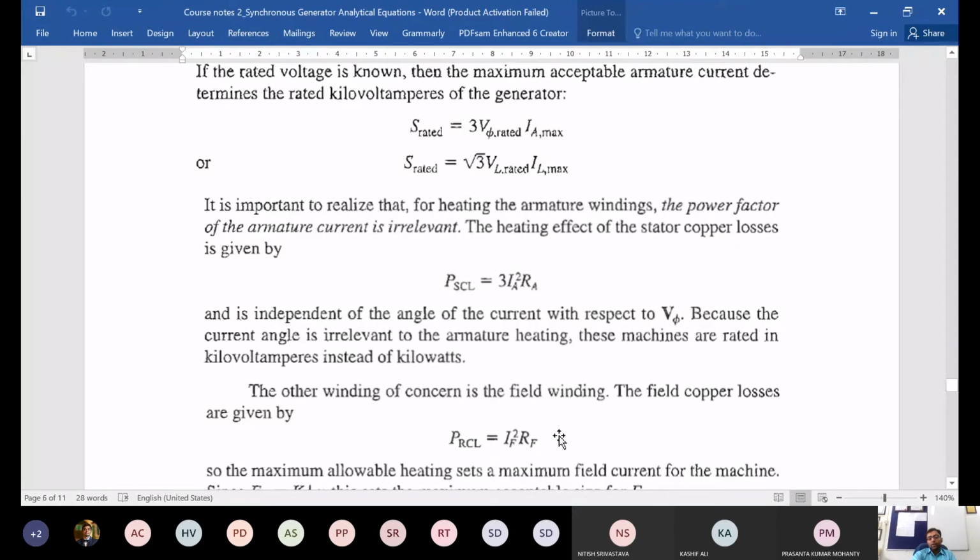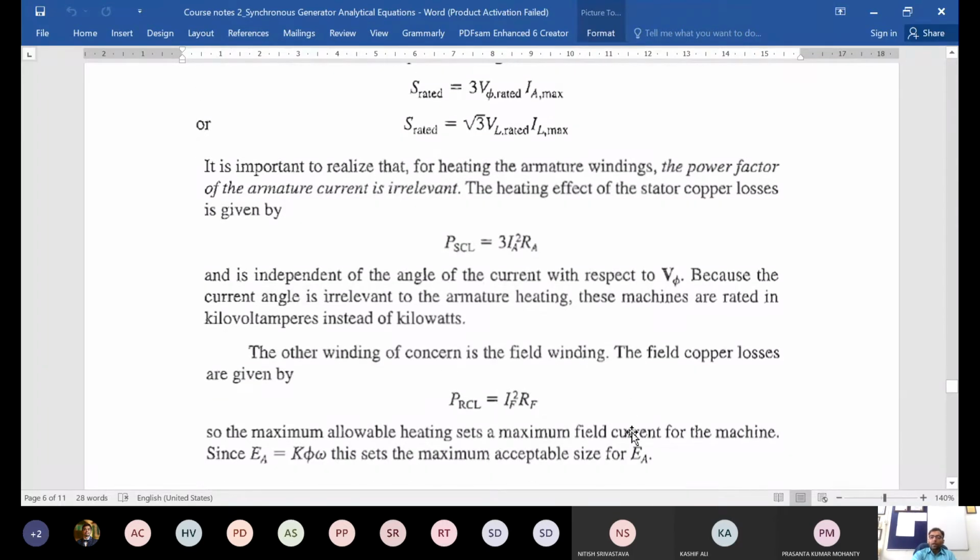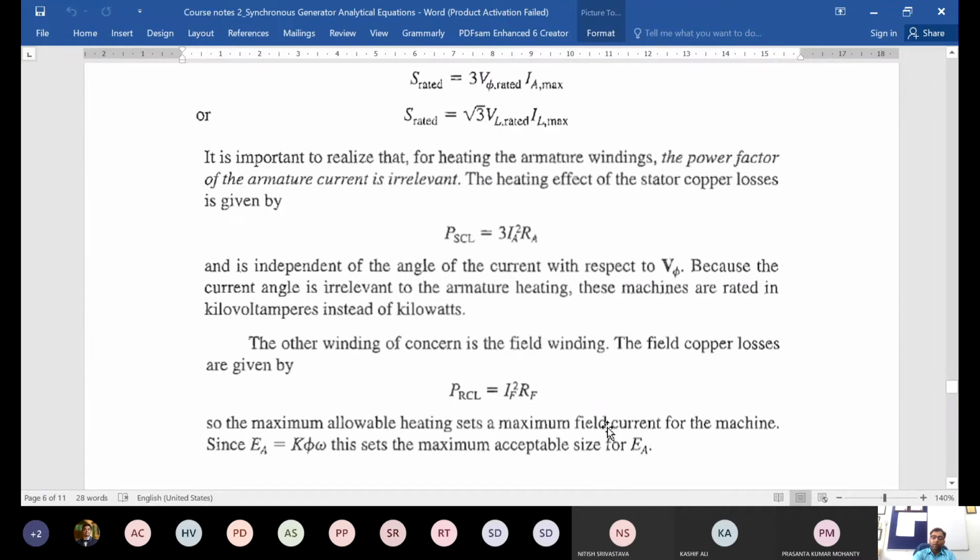This will limit the maximum allowable field current, and as you can understand, this field current determines the flux of the machine φ. Because the generated EMF is equal to K φ ω, this puts a cap on the generated voltage, and it also puts a cap on the power factor.